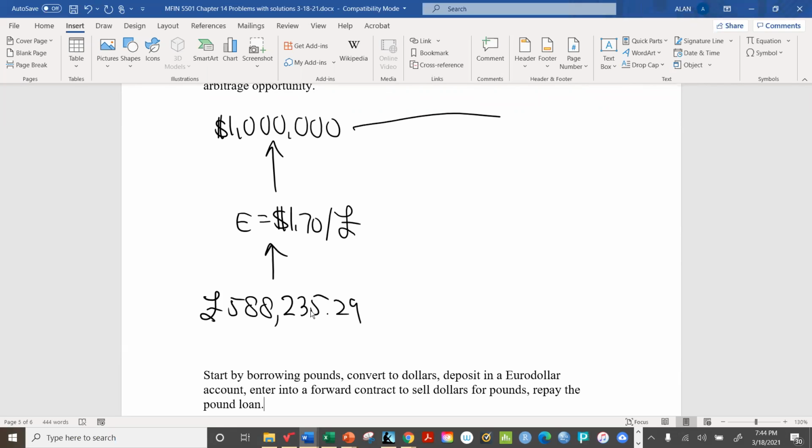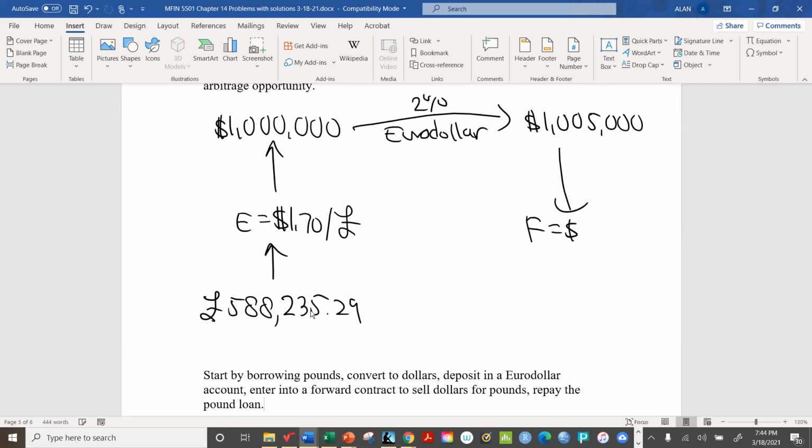So now here we're going through the euro-dollar market for 90 days. So in this case, our investment ends up being worth $1,005,000 at the end of 90 days. Now, because we know that we'll have this in 90 days, we also simultaneously enter into a forward contract in which we agreed to trade those dollars for pounds at a forward exchange rate of 1.68 per pound.